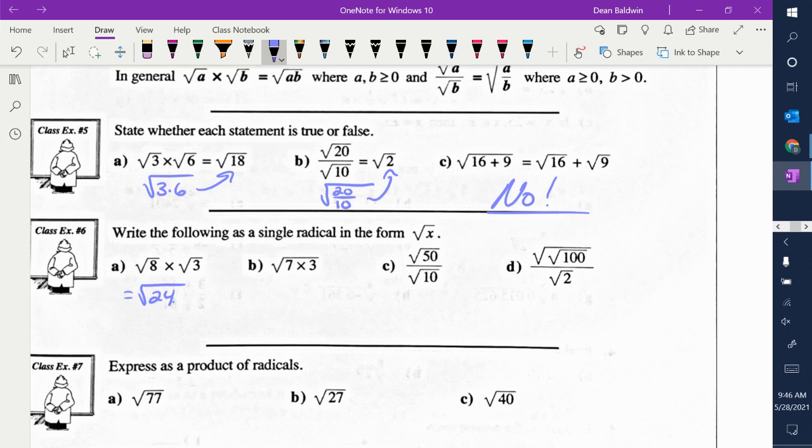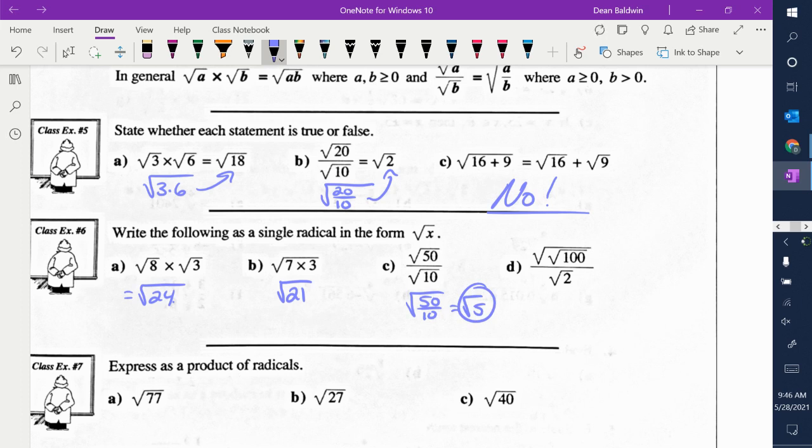Root 7 times 3 is the same as root 21. What about root 50 divided by root 10? Exactly, because that is the same as root 50 over 10, which is root 5.